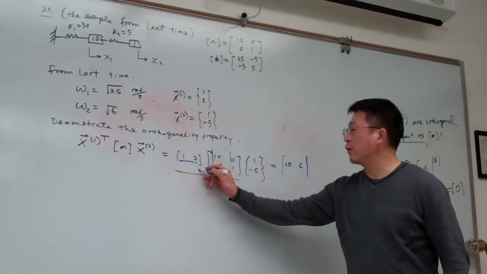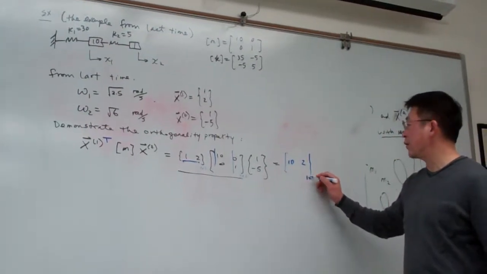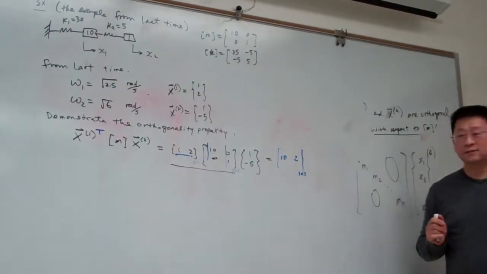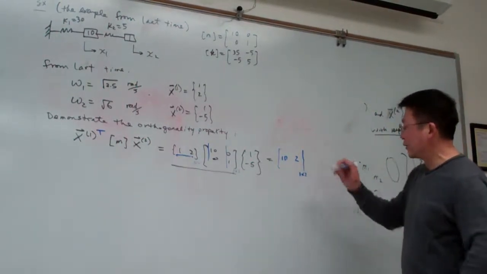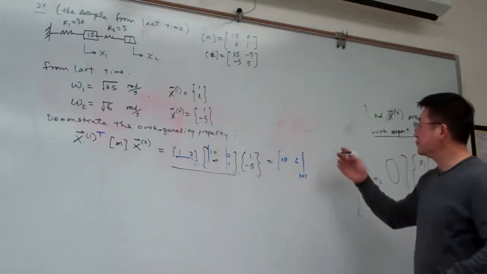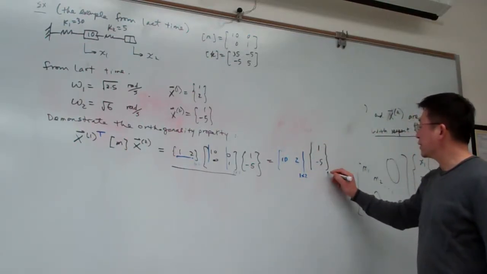Because this is 1 by 2 and this is 2 by 2, the result is 1 by 2. Then multiply with the remaining 1, minus 5, which is 2 by 1.